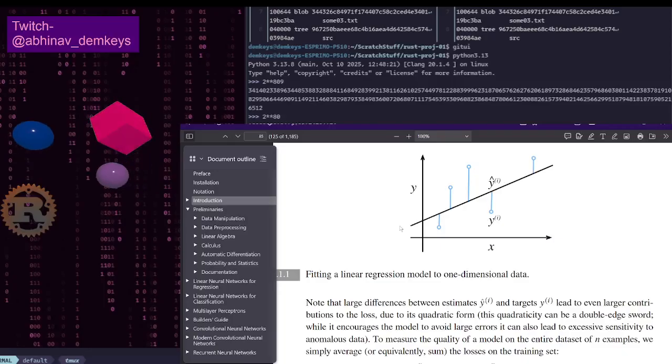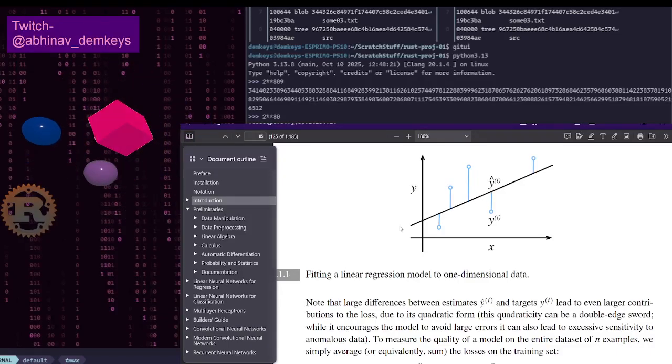We hand the data to the model, which we call fitting the model with the data. When we call fit, that's when it calculates the line of best fit and stores it within the model as weights.